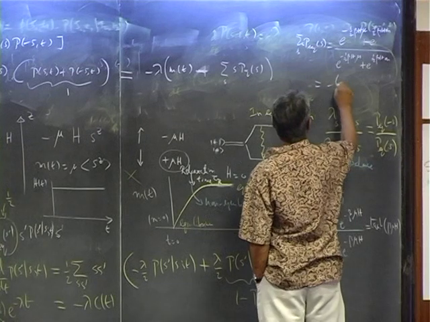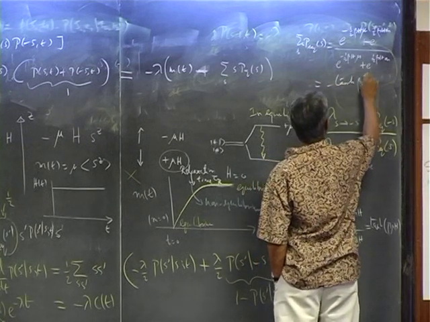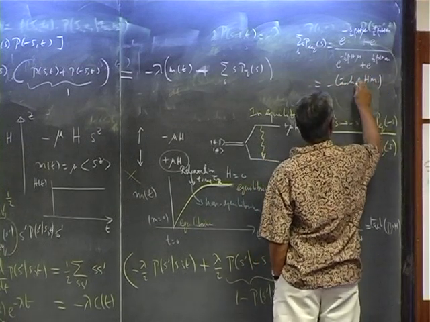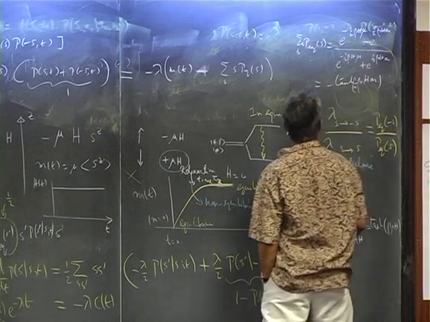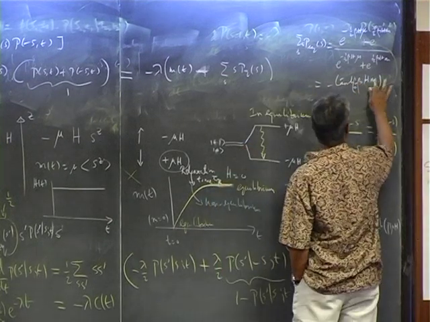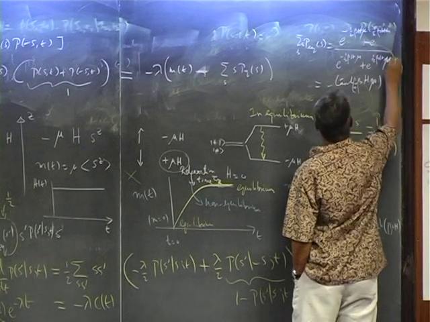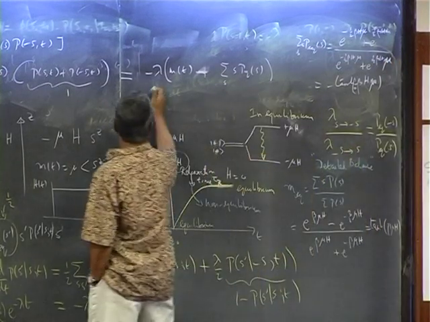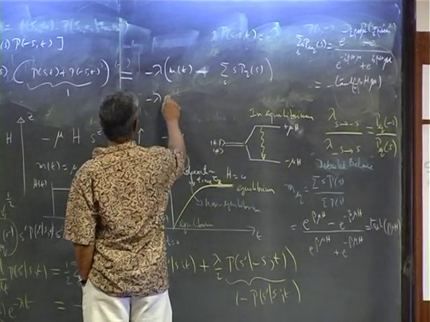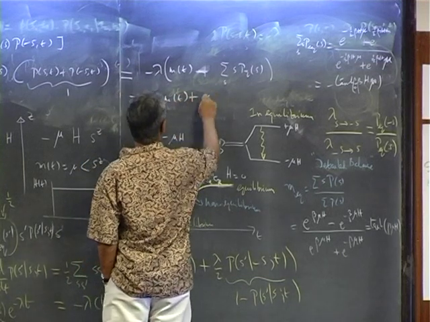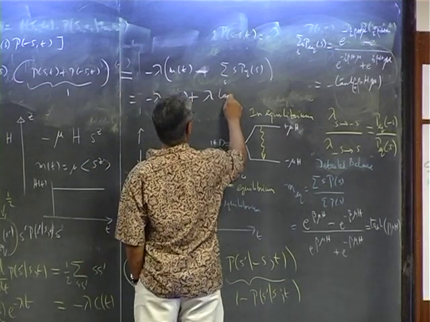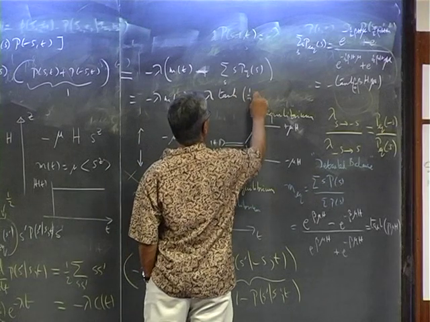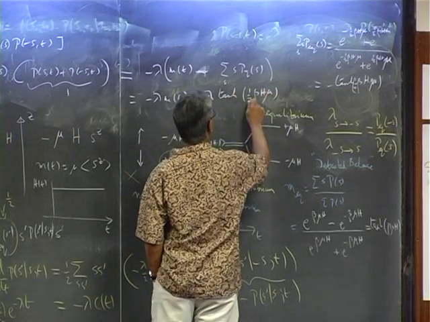So this is equal to minus tanh of half beta h mu. Therefore, I have minus lambda m of t plus lambda tanh of half beta h mu.